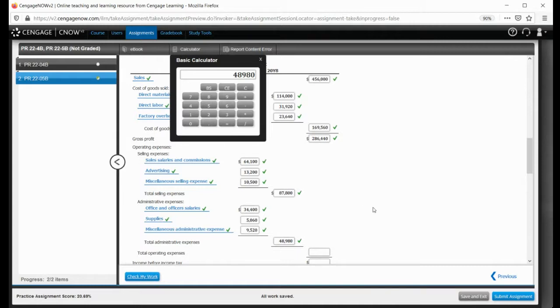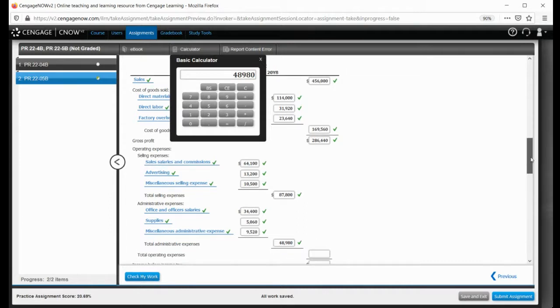And that gives you a total administrative expense of $48,980. Then you're going to find your total operating expenses, which is the total of your selling expenses plus the total of your administrative expenses.